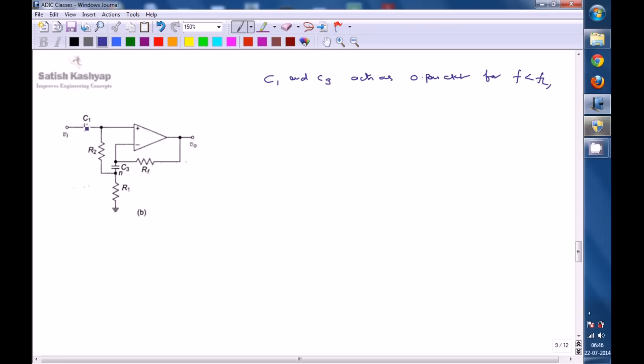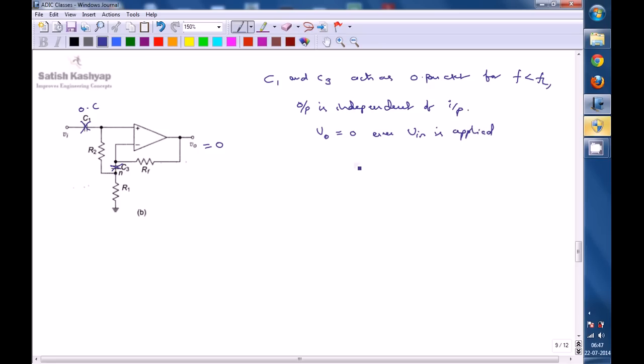That implies Vin is not applied to the op amp. Whenever Vi is not applied to the op amp, the output will be 0. It no longer depends on the input signal, so the output is independent of input. That is, V0 is equal to 0 even when Vin is applied.